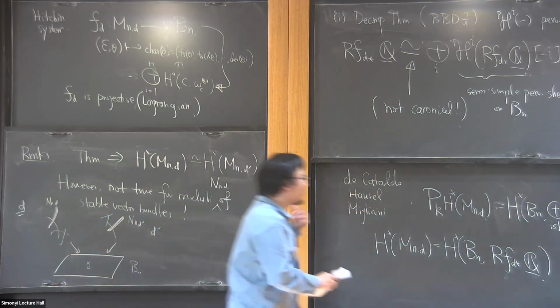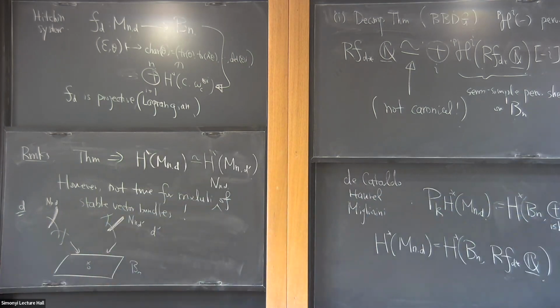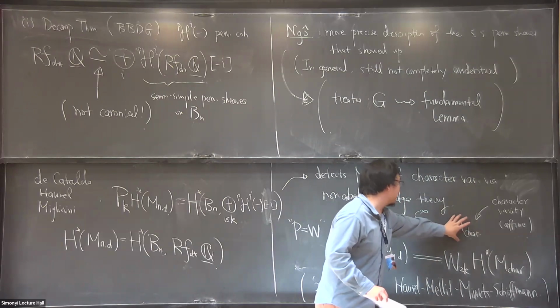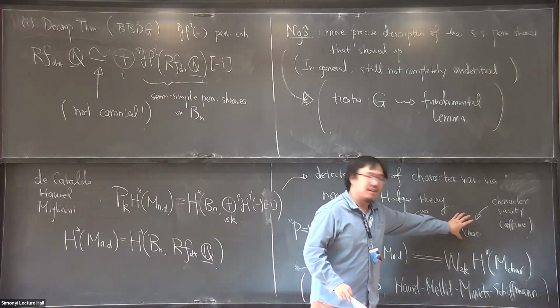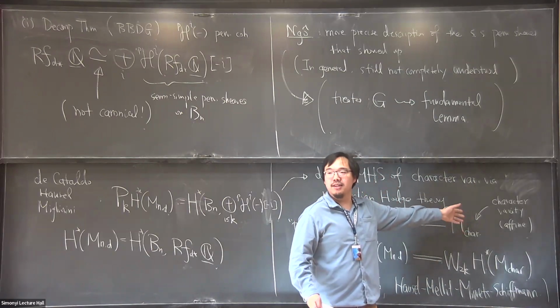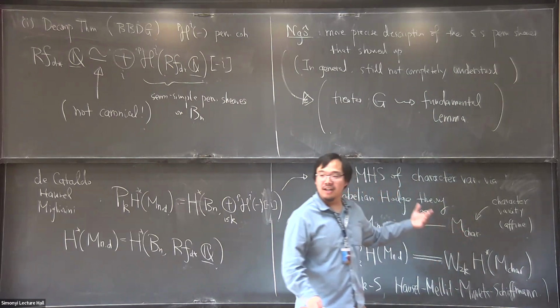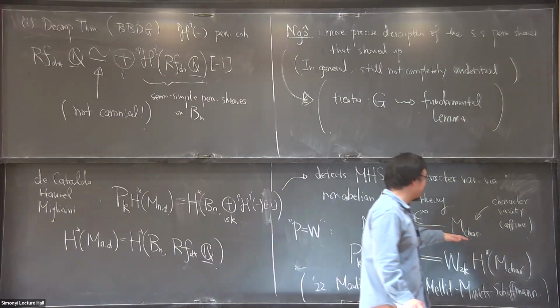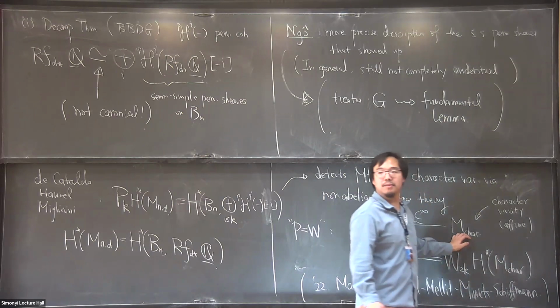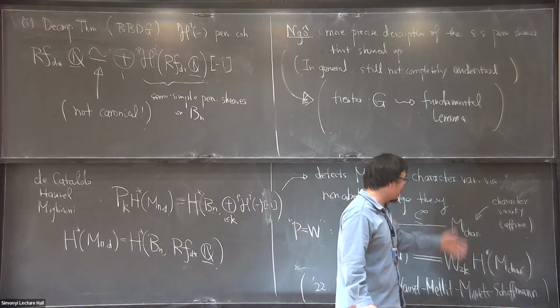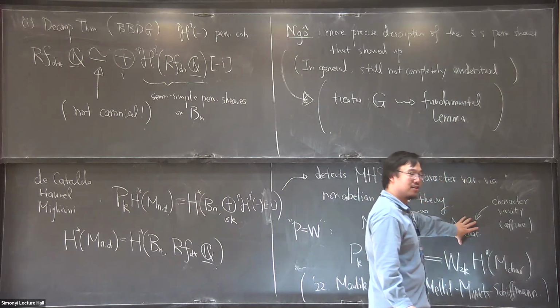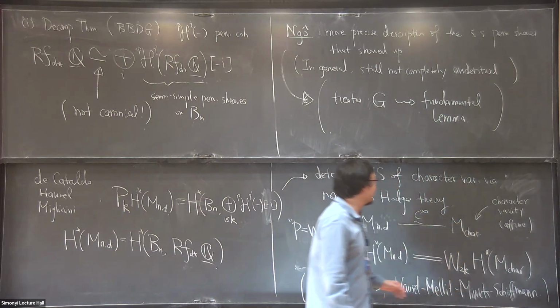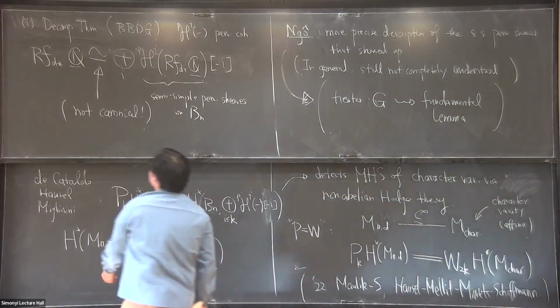A way to see this from the perspective of the character variety is that if you consider moduli of vector bundles, the other side is only a unitary character variety, which is not algebraic. So it's a real analytic manifold. In particular, you cannot run this Galois conjugate argument here. But it turned out it's not true.